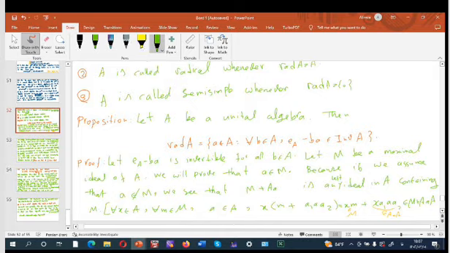It is better, please correct this. This is A1 multiplied by A, and this is our left ideal, and it is enough.